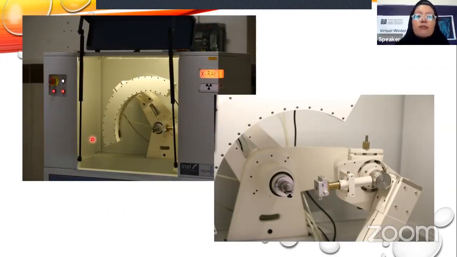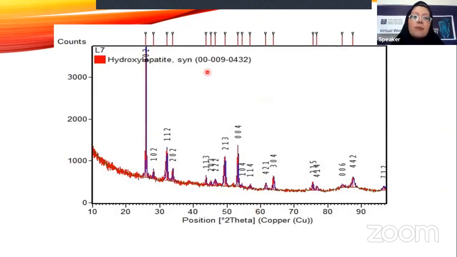Inside our device, we put the sample here. The sample rotates, and the X-ray hits the sample. Whenever the material can diffract the X-ray, we get a peak. And this peak, as I told you, is a fingerprint for each material.